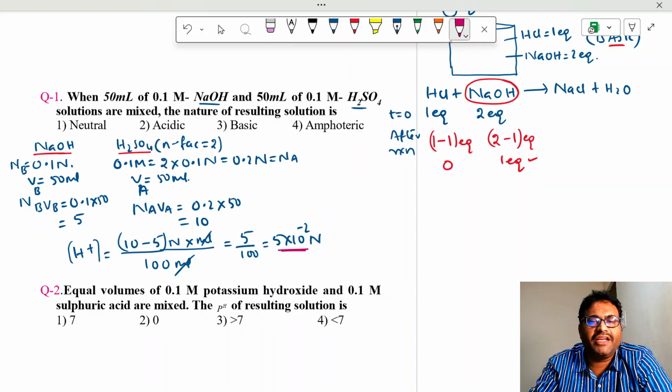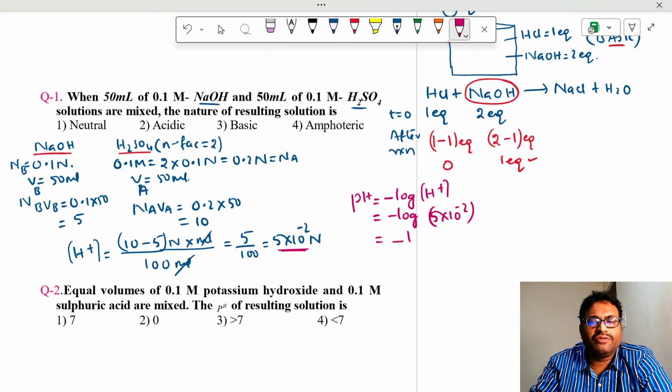Then what will be pH? pH is equal to minus log H plus ion concentration. That is equal to minus log of 5 into 10 power minus 2.